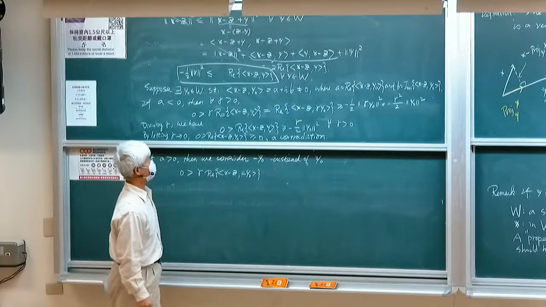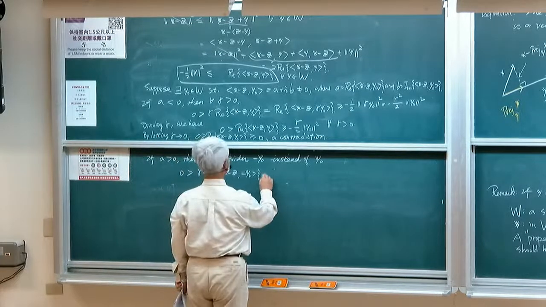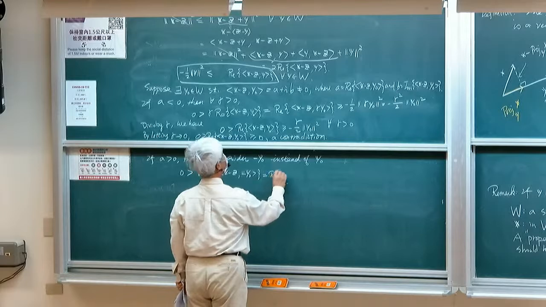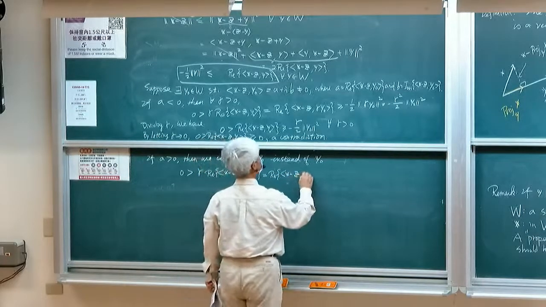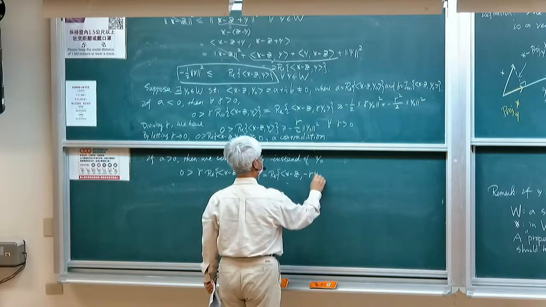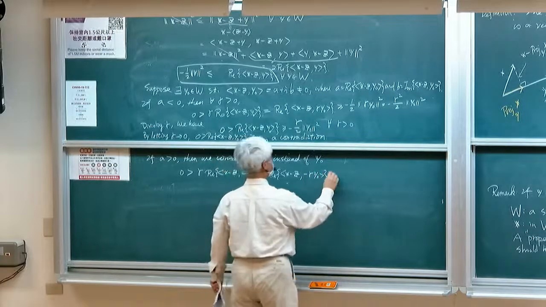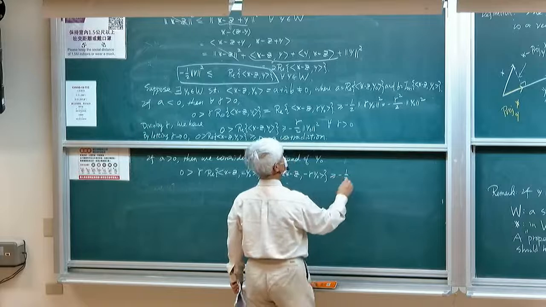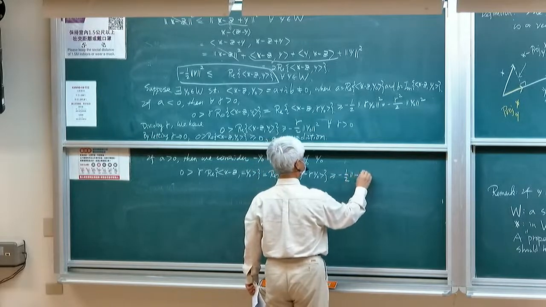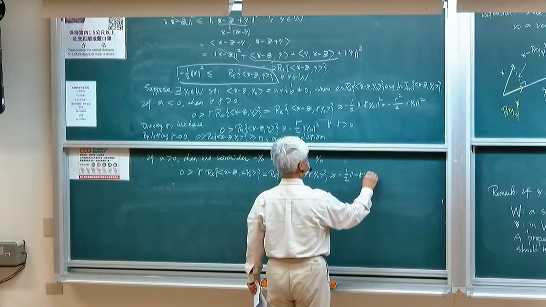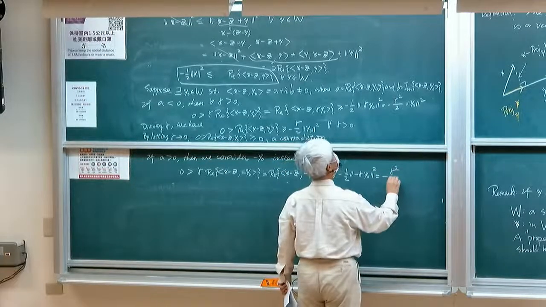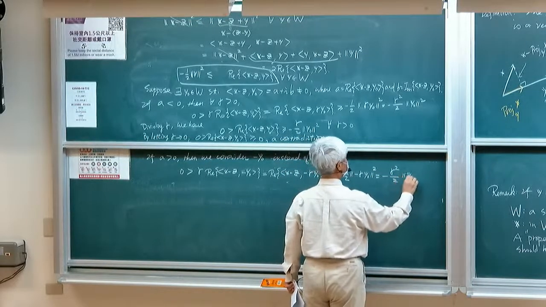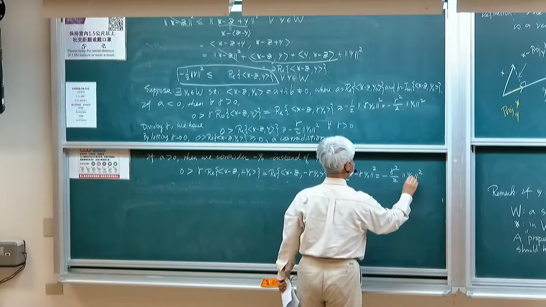So this is again a real part of minus gamma y0, and this is 1 minus gamma y0 squared, and this is gamma squared again.